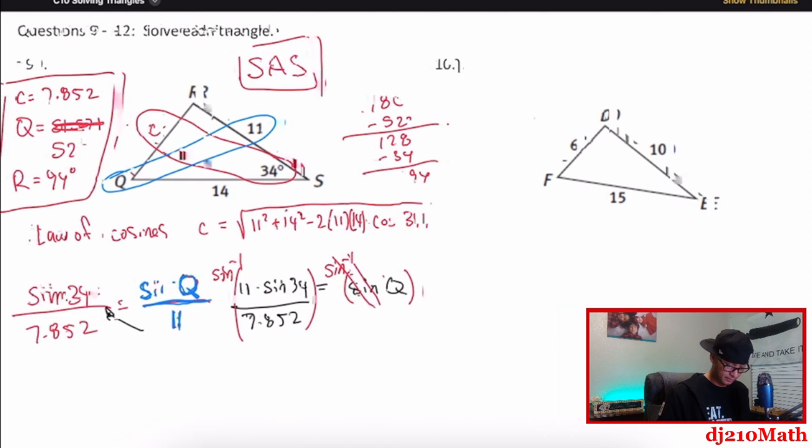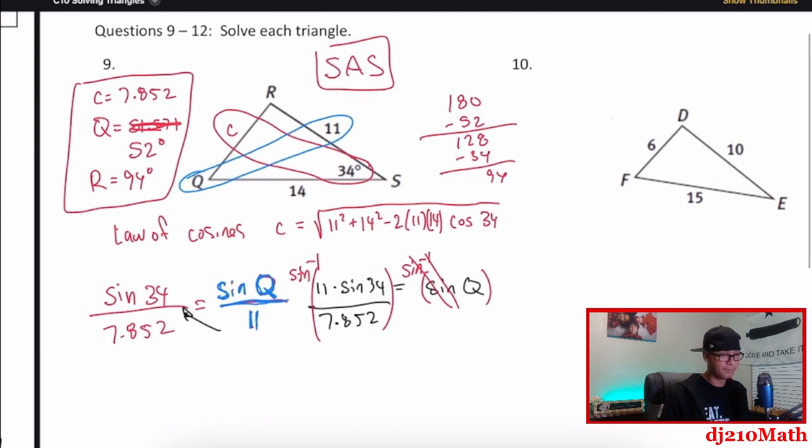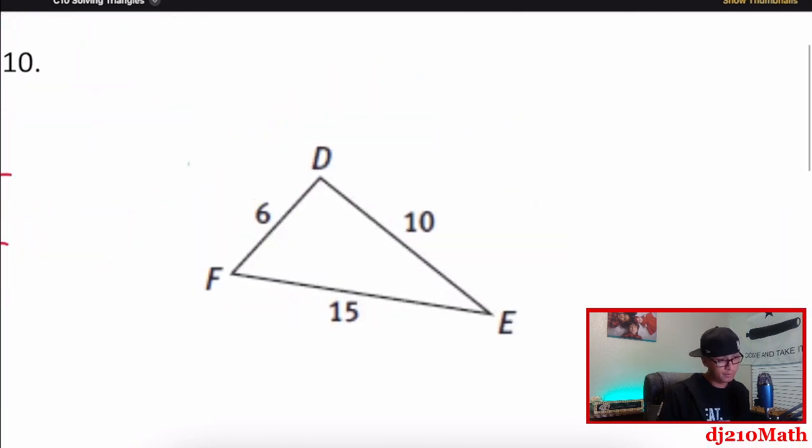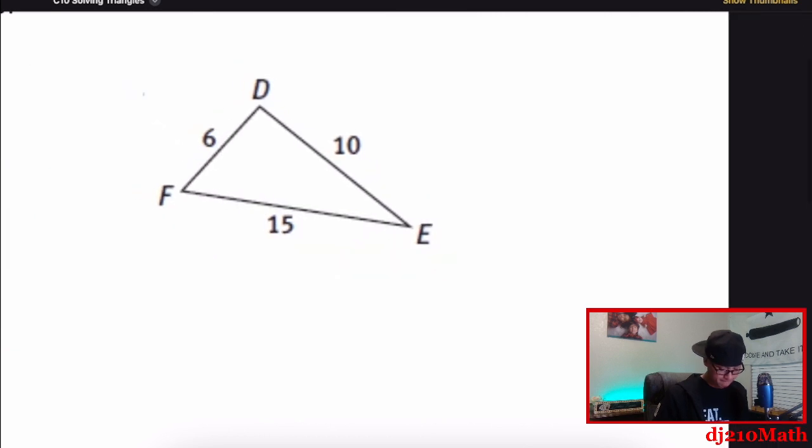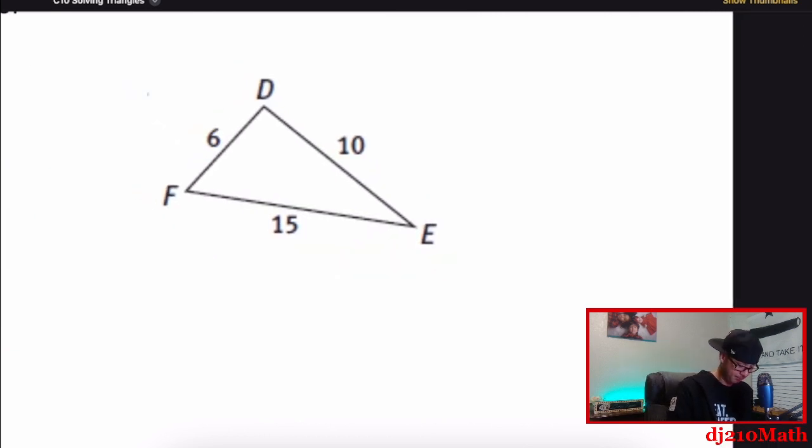Okay, number 10. This is going to be side, side, side. So law of cosines. Okay, let's pick an angle. Doesn't matter which one. Solve for E first.